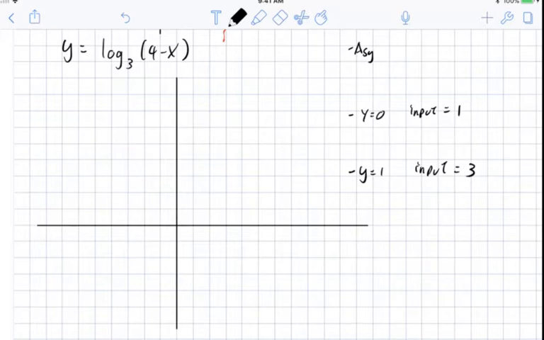So what's the input? The input here is 4 minus x. The asymptote is when that is equal to 0. So that's x is equal to 4 is where the asymptote is. 1, 2, 3, 4. So you sketch a vertical line here. I don't know which side of the asymptote I'm coming down on or what the deal here is.